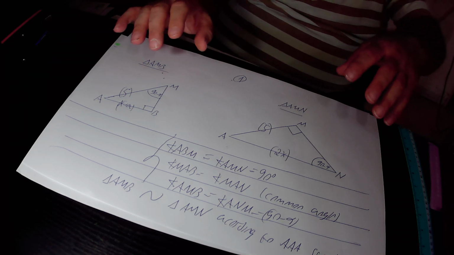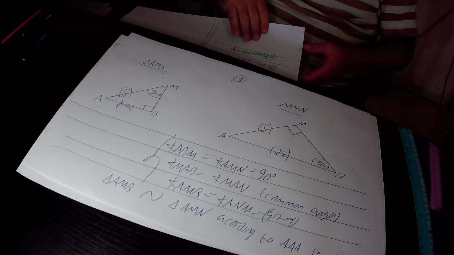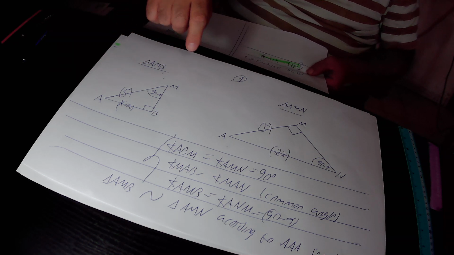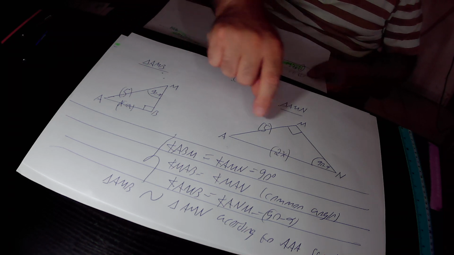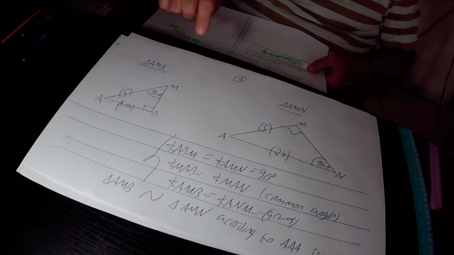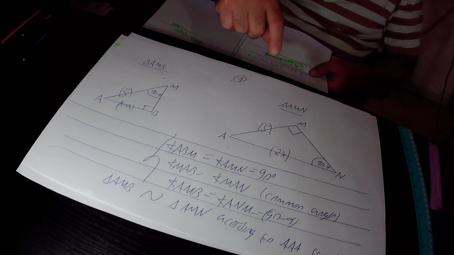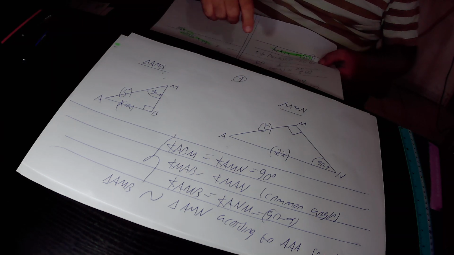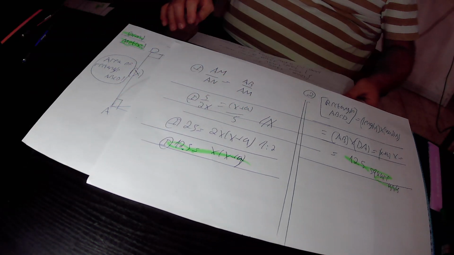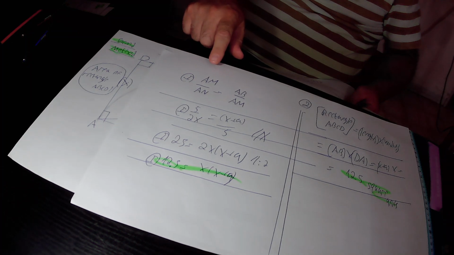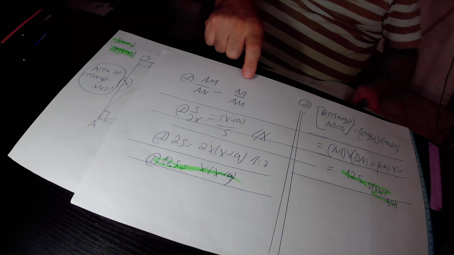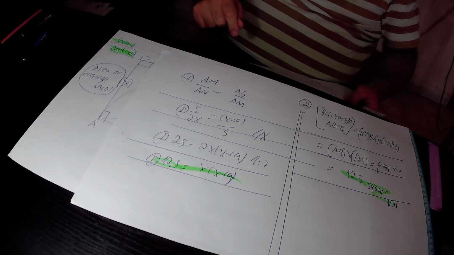And from the fact that those two right triangles are similar to each other, we will derive the following relationship between their sides. Side AM of the right triangle AB over side AN of the right triangle AMN equals side AB of the right triangle AB over side AM of the right triangle AMN.